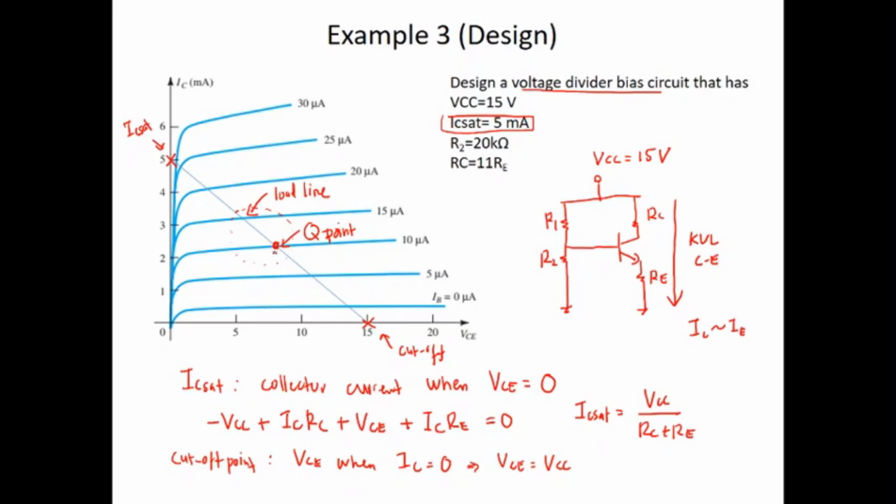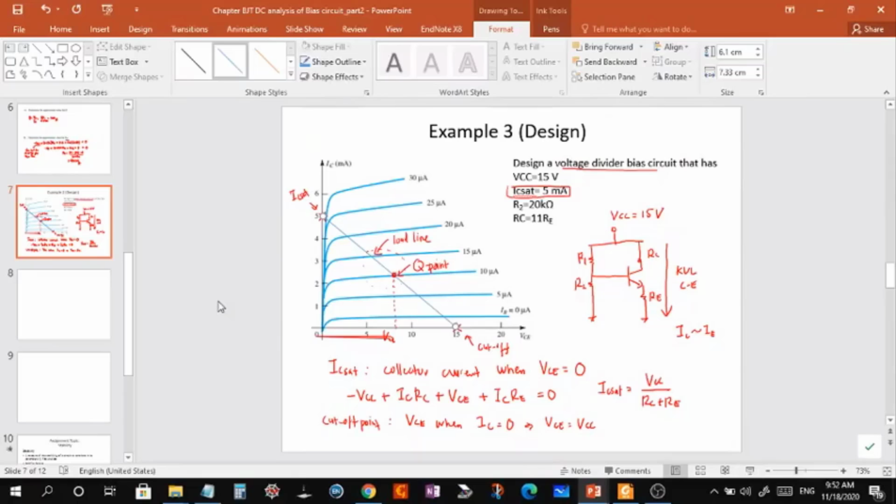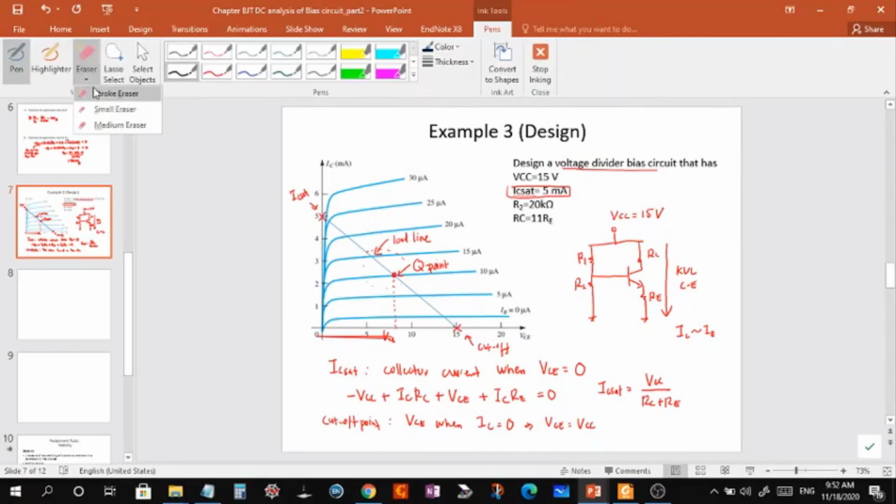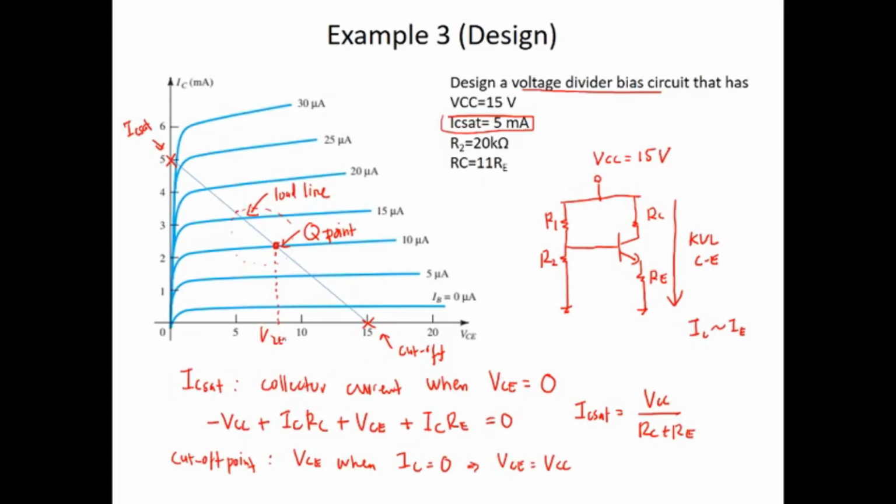From this intersecting point you can get the value of VCEQ as well as other parameters. You can also get the ICQ, and this will be your IBQ. From the graph I have recorded the values.